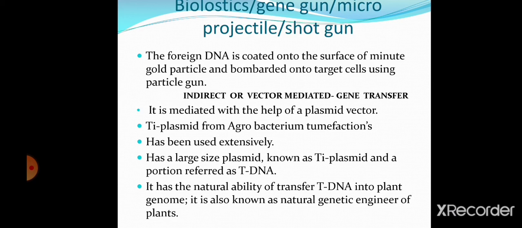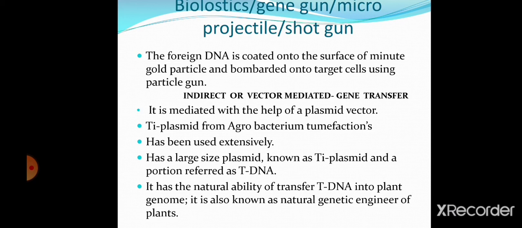Do you remember what the Ti plasmid is? Tumor inducing plasmid. This tumor inducing plasmid has a portion of T-DNA, that is transfer DNA. It will transfer to the plant genome in the infected cells and cause plant tumors.